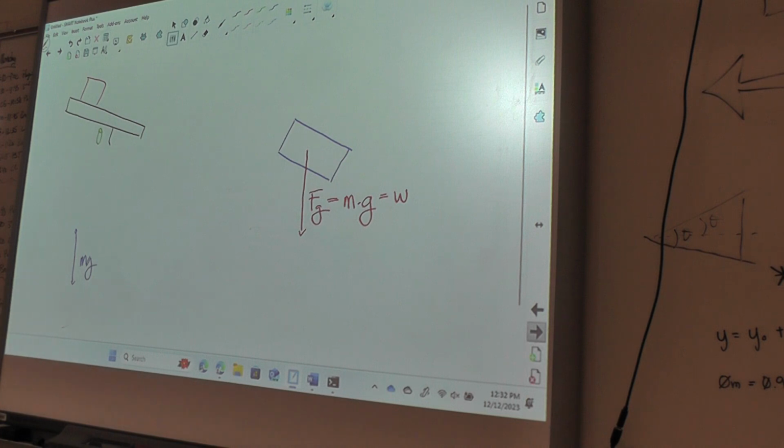And then our other force, well, there's 2 more forces. One of our other forces is the force of friction. So if we have an object like this that isn't moving, how do we know what direction the force of friction is? Friction opposes motion. It's not moving. So how do we know what direction the friction force is? We ask ourselves a question, which is, if we turned friction off, would it move? And if so, in what direction?